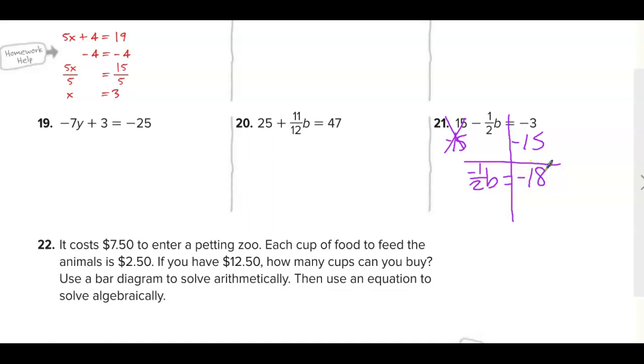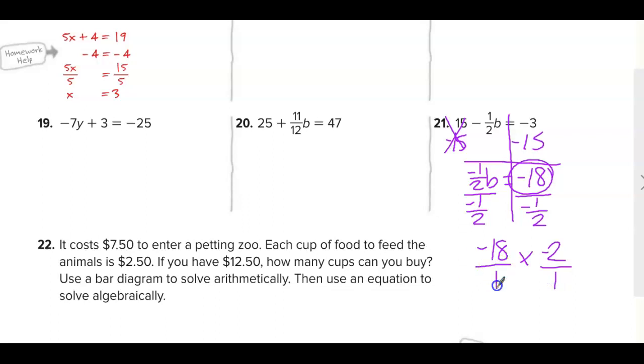Since -1/2 and b are multiplied, I do the opposite operation, which is division. So I divide by -1/2, which you do one side, you always have to do to the other. When you are dividing fractions, you always change division to multiplication, and flip the second fraction to make it a -2/1.